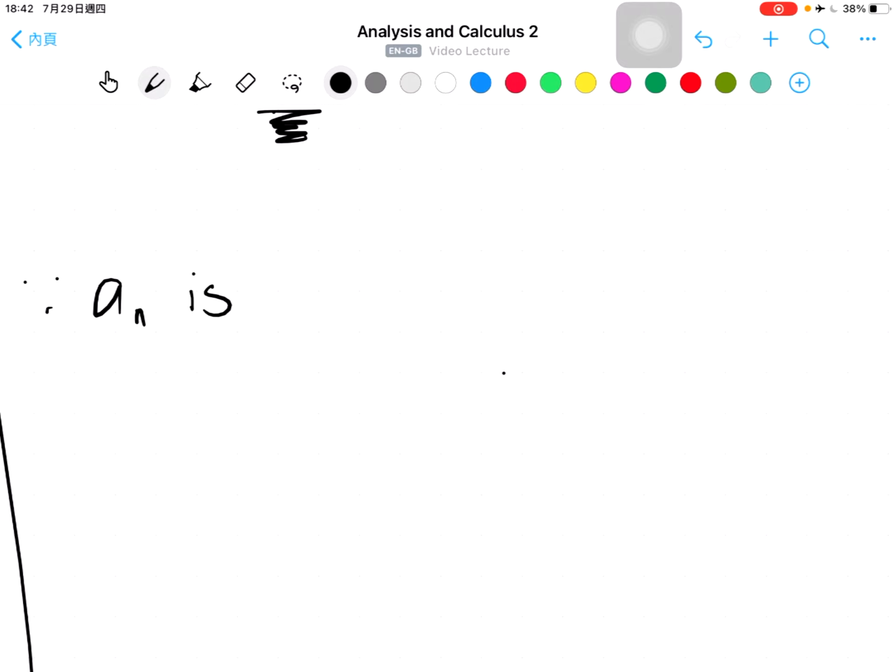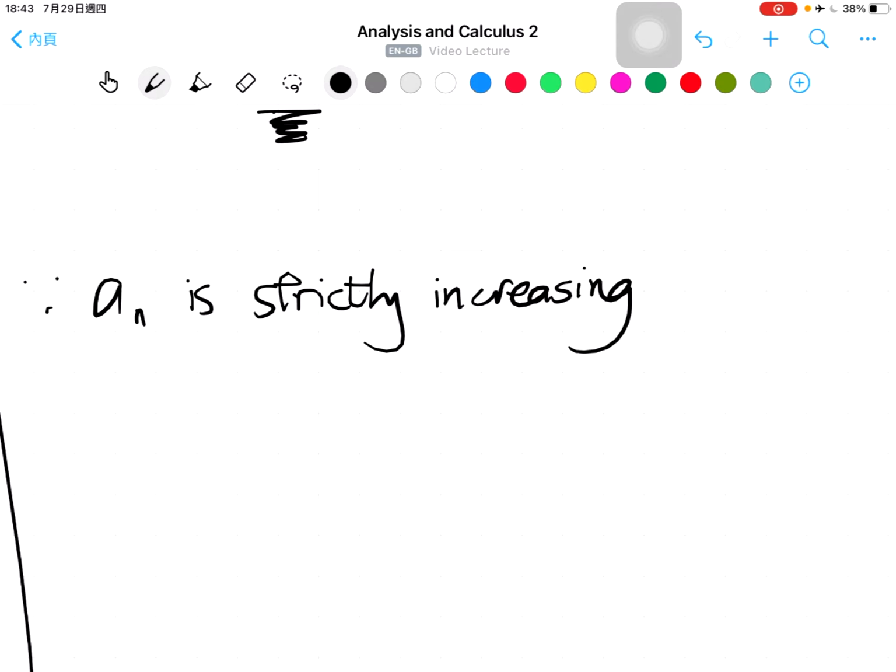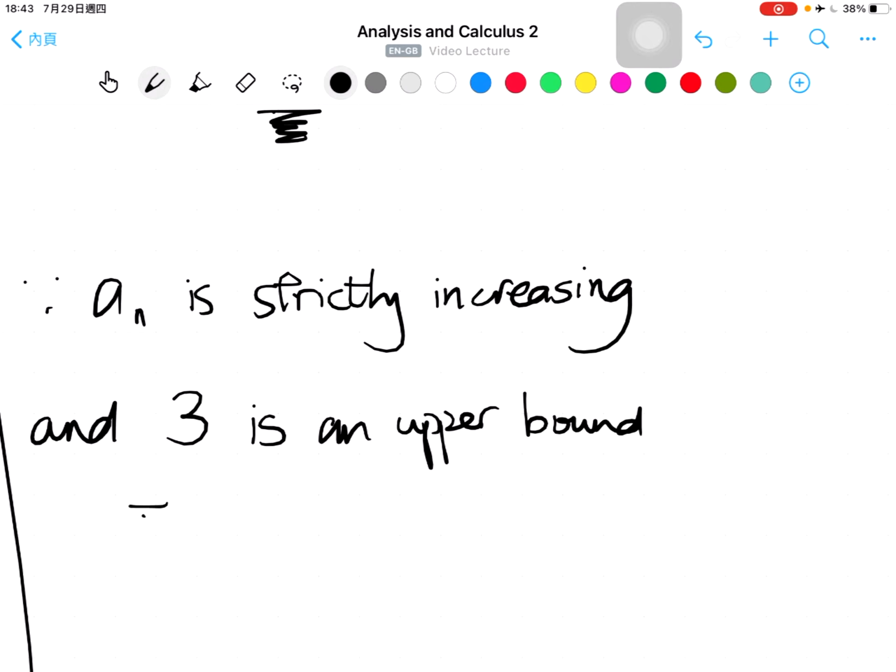Since a_n is strictly increasing, and if something is strictly increasing, it must be monotonically increasing. a_n is strictly increasing, and we know 3 is an upper bound, which means the supremum of a_n exists. The supremum of a_n exists, and a_n is strictly increasing.